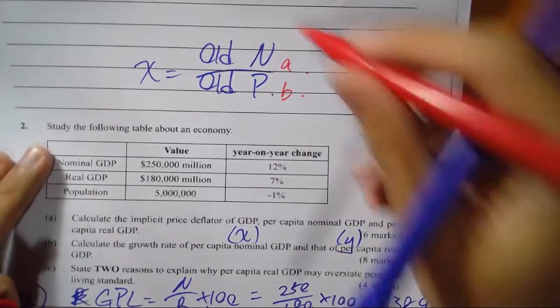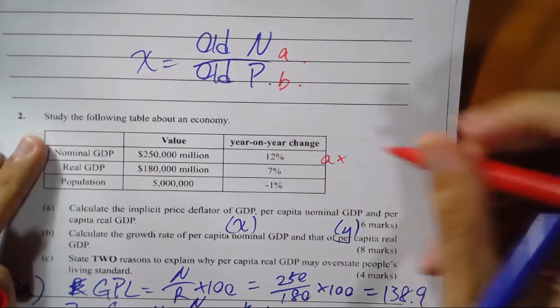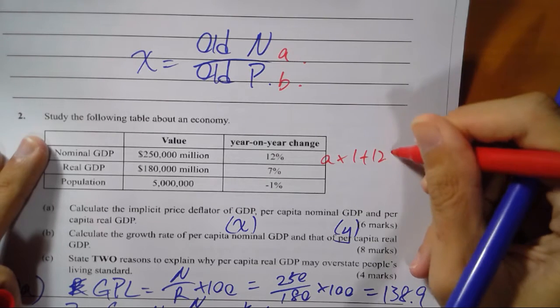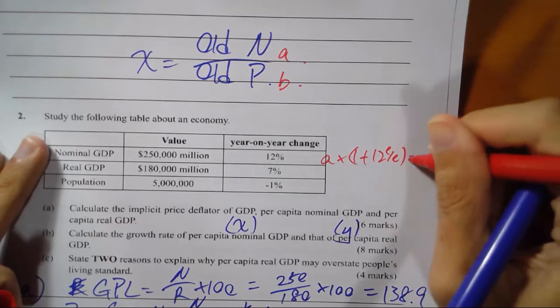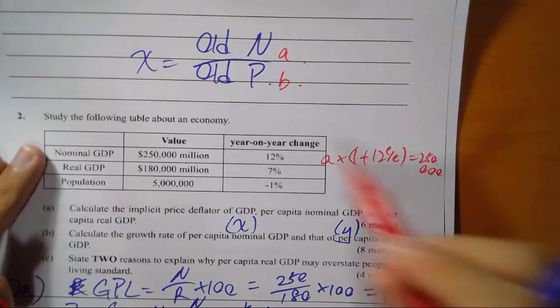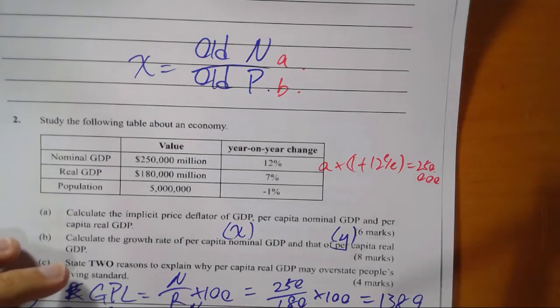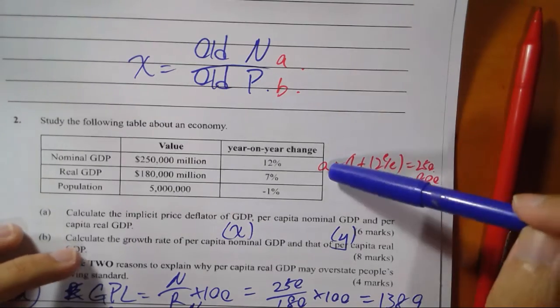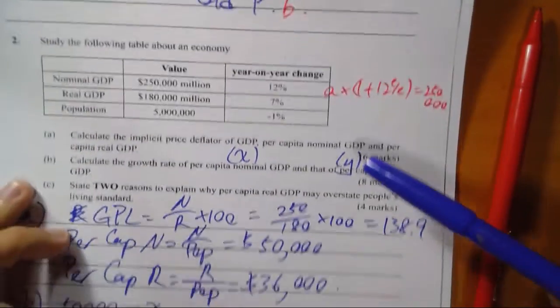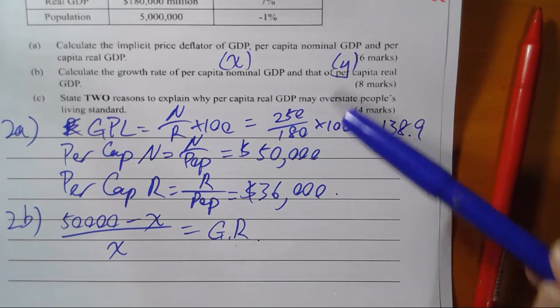Using here old nominal A times, since this is a growth rate, 1 plus 12% would equal this amount. 咁你計翻個 A 出嚟咯。同樣啦，好沉，我知道好沉啊。You calculate A, you calculate B. Do the same for Y, and then you get it.